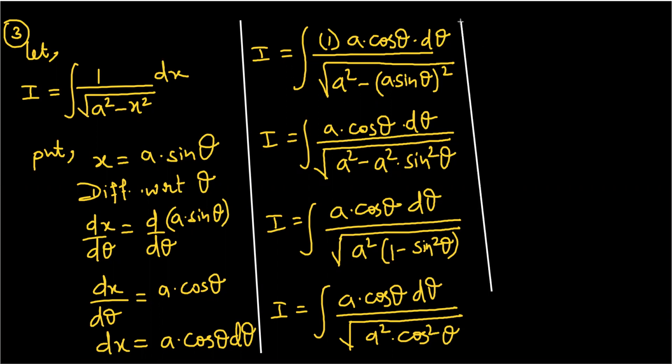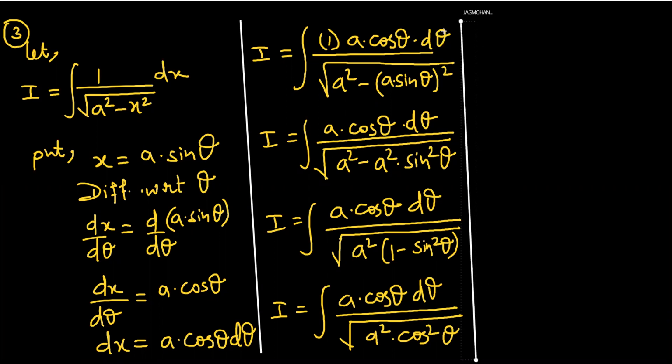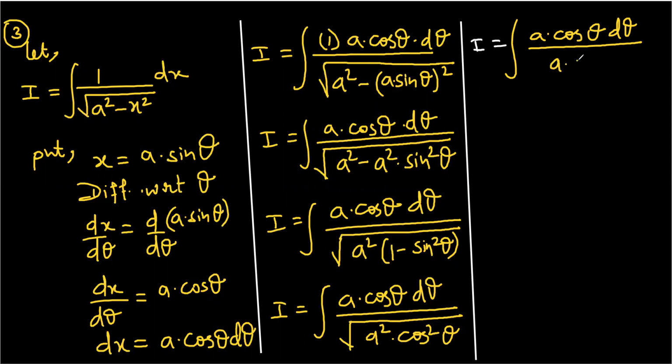So this gets me I equals integral a cos theta d theta divided by a cos theta.